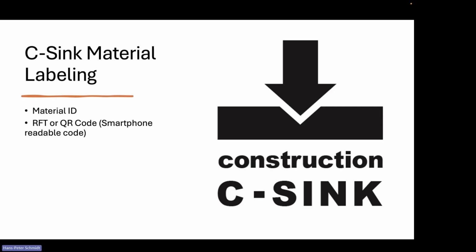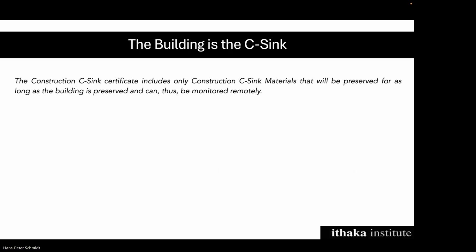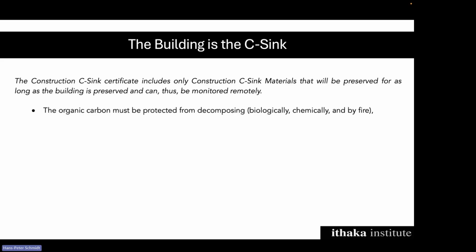Now he can enter it in the application, and that should not take more than a few minutes per rather big C-zinc material unit. So we said the building is the C-zinc. It's not the material as such, but the building with all C-zinc materials. I think this is the essential point of the entire standard.